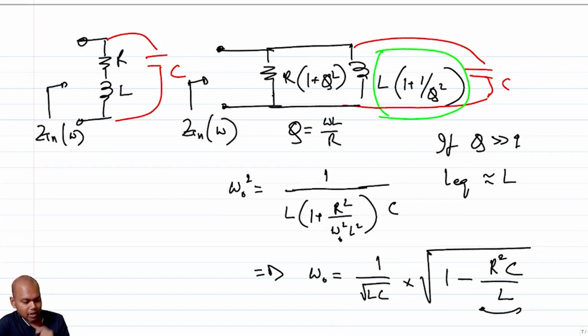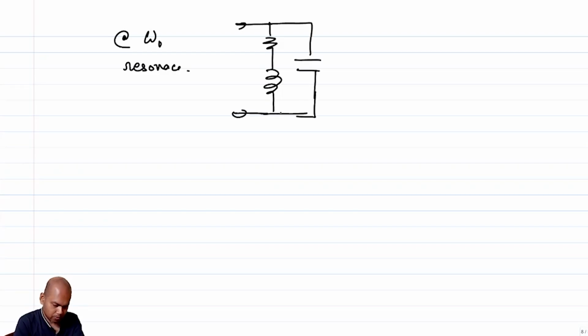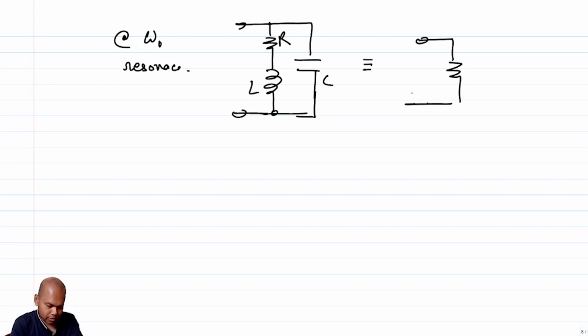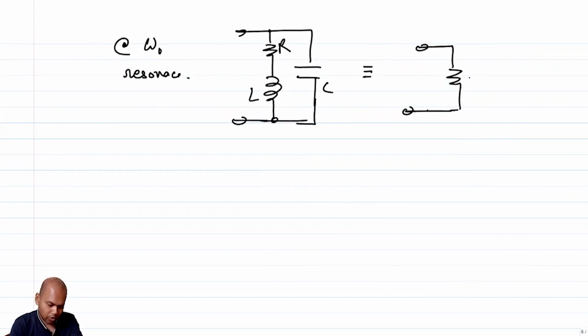And what is a more important thing? At resonance, what is happening? At resonance, omega naught, this gets transformed to a resistor, because this L and C are going to resonate out, and the resistor of value, the original value of R times 1 plus Q squared, which I can approximate to be R times Q squared if Q is much greater than 1.